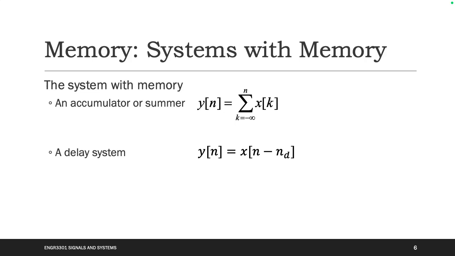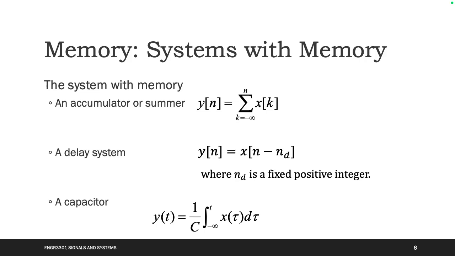And then a delay system: the output not only depends on the same time input, it depends on the delayed, previous time input. So we call it a system with memory. When n_d is a fixed positive integer, it is a previous time. If it is negative, it is a future time. So it will depend on the previous or the future, not just the same time.